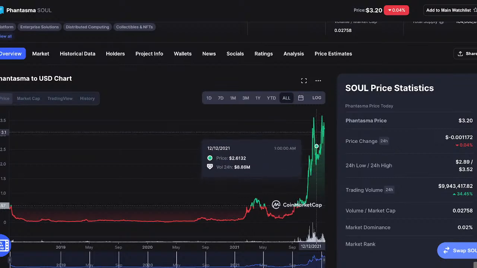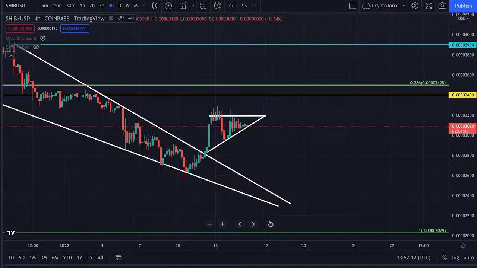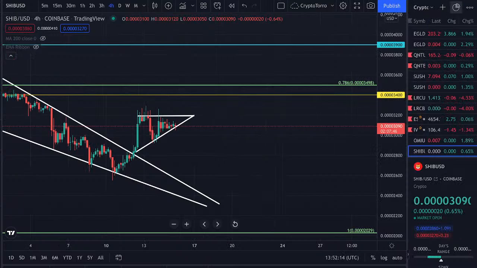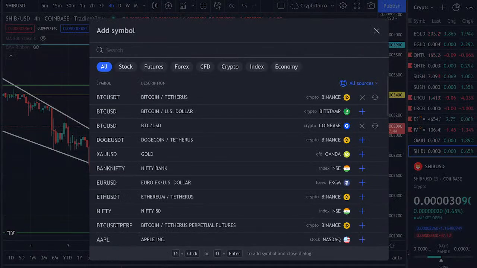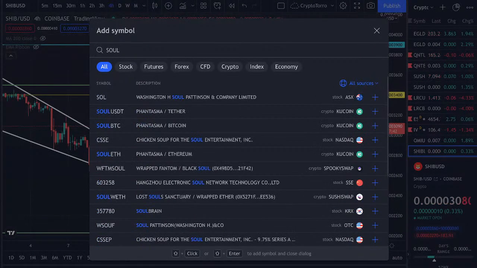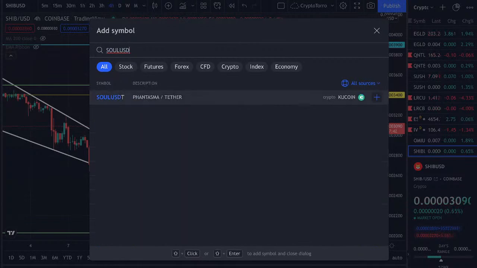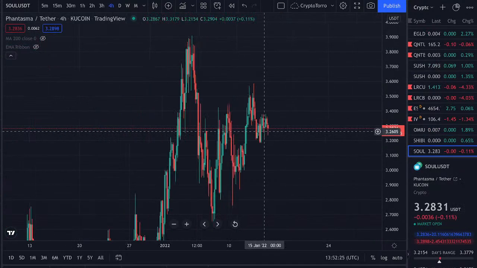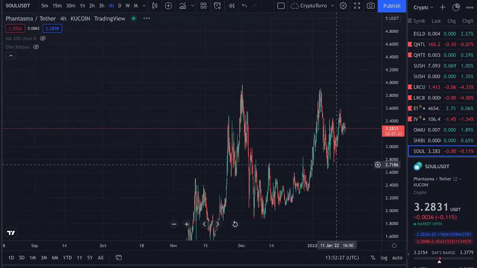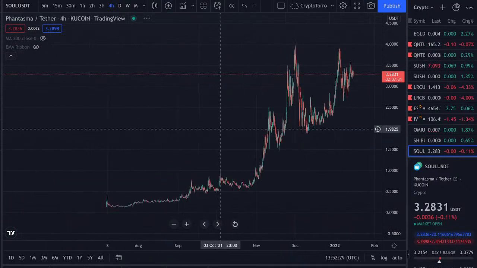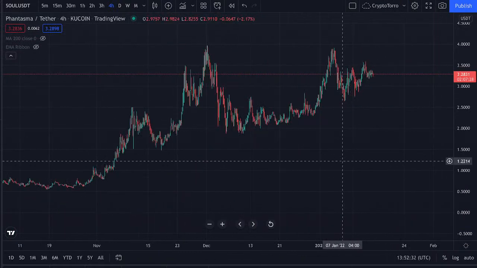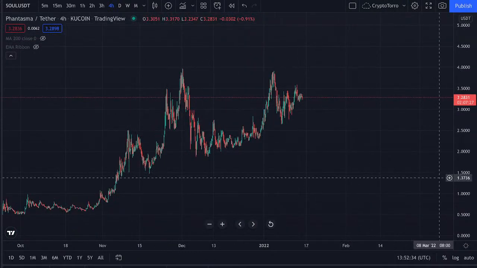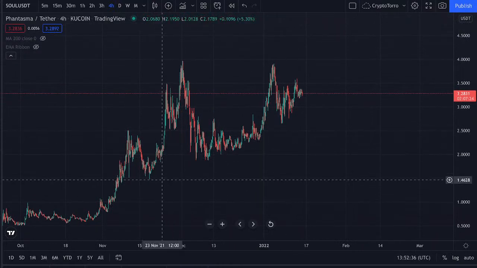So I'm looking forward to see how the chart looks like actually on TradingView. So Sol USD, I really hope this chart will be good and accurate. I hope so, because there's only one exchange that provides this chart, but the charts actually look absolutely amazing. So I'm really glad they do have such a good chart.